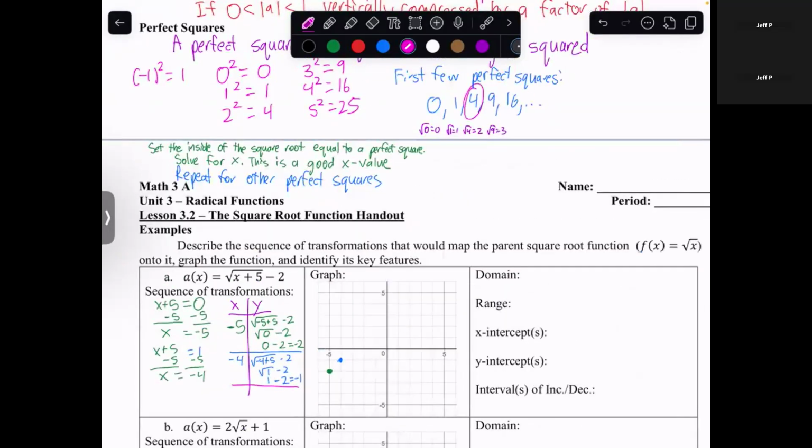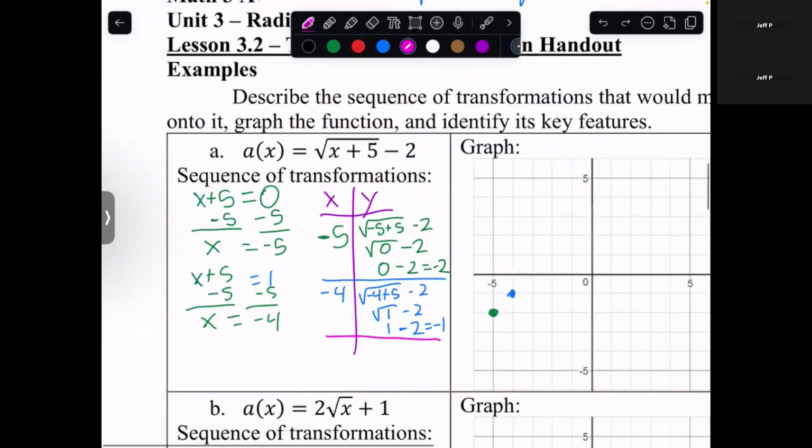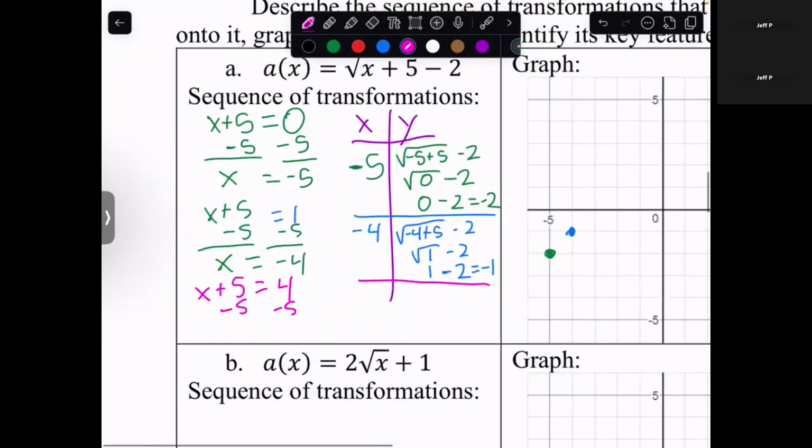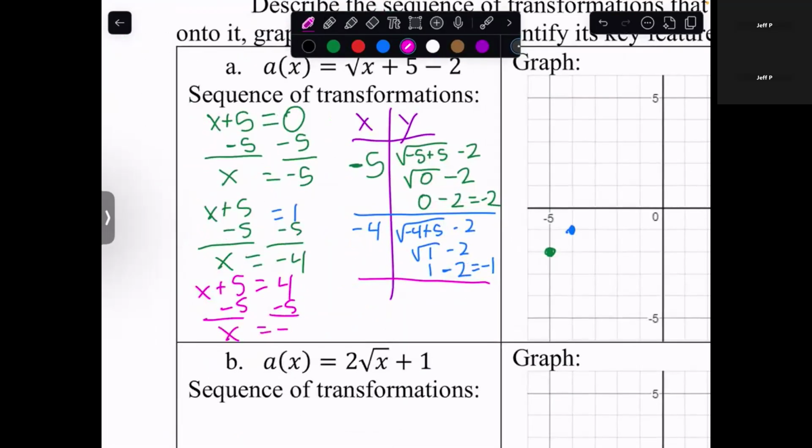The next perfect square is +4, because that's 2 times itself. So now we set the inside equal to +4. To get x by itself, we subtract 5 from both sides, so x is -1.